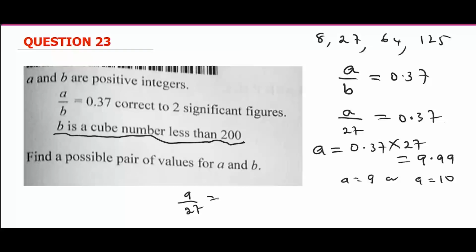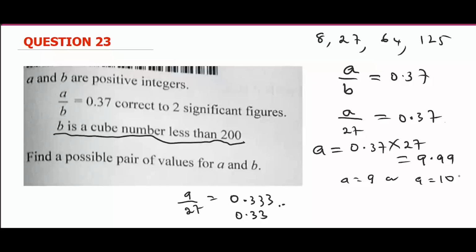So take your calculator, 9 divided by 27, that will be 0.333 recurring decimal number. So if you round this to 2 significant figures, it will give us 0.33, and we want to get 0.37. That means the value of A cannot be 9.